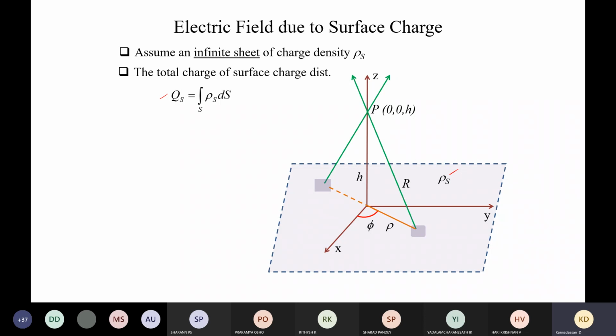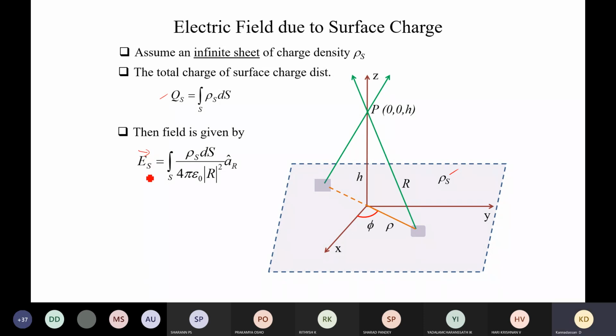If you take antennas, many planar antennas are available, and they can also use very similar expressions to find the simplest form of the electric field. So we are going to get the electric field expression for an infinite sheet with a uniform charge density of rho s.